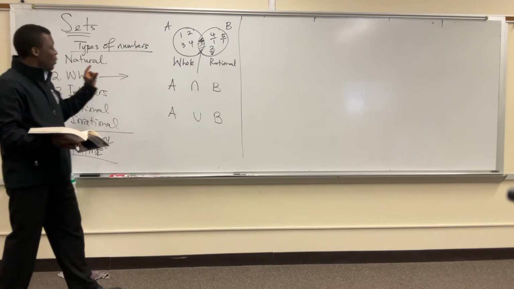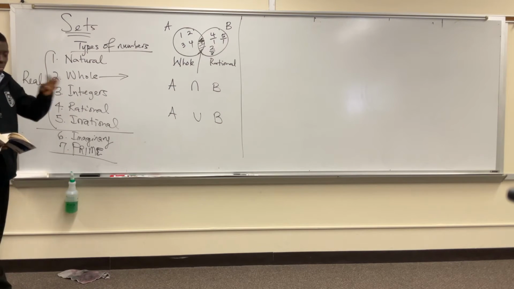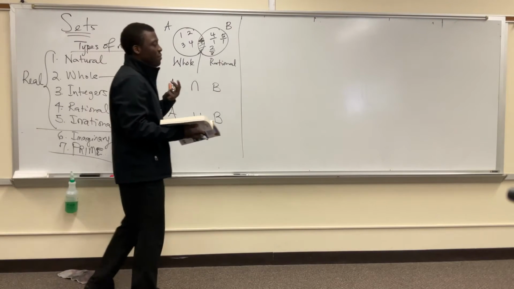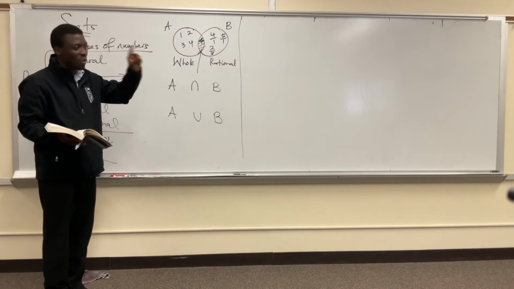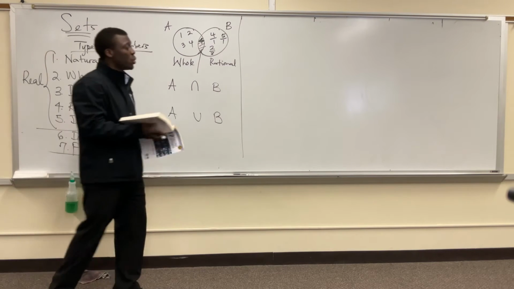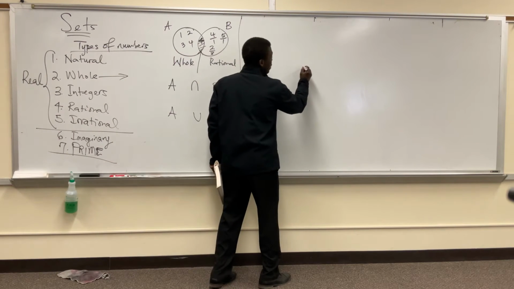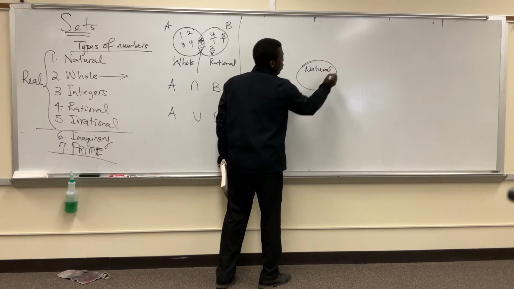Now I want to draw a diagram that brings together a lot of these. I've talked about this in a lot of my classes. I found it in an old Saxon book, but again, I'm not tied to one textbook. I generally try to use textbooks to focus on different concepts and see which one explains it well. And this is how they explained it. The first level of numbers is natural numbers. That's the first circle.